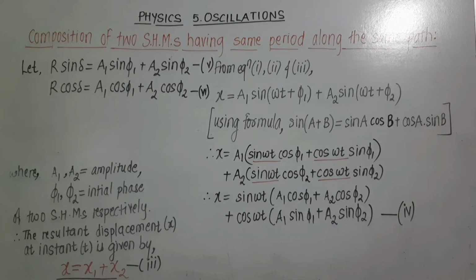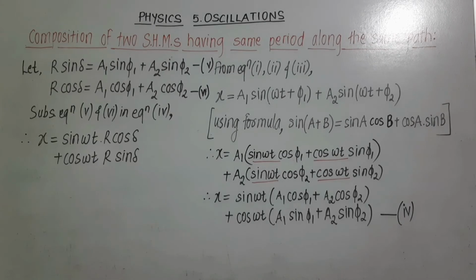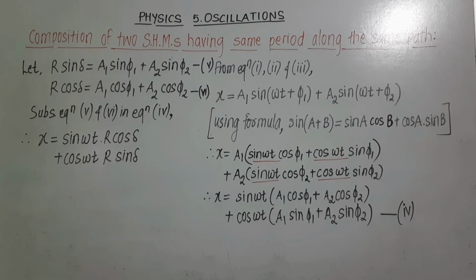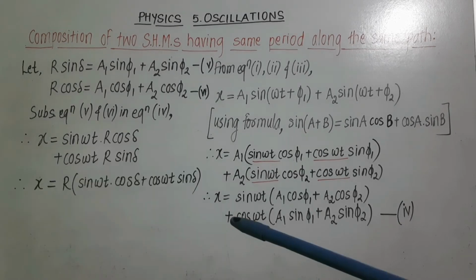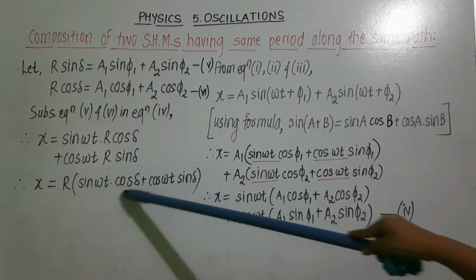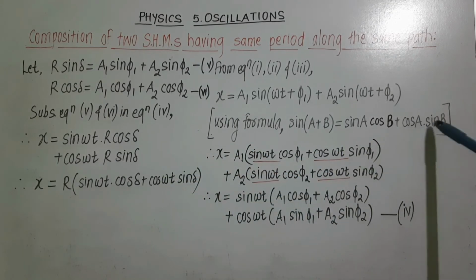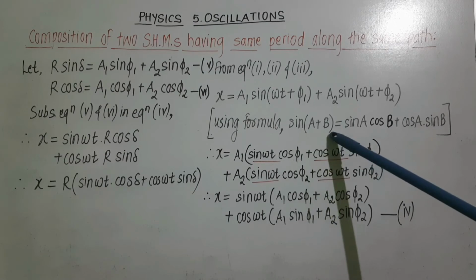Substitute equations 5 and 6 in equation 4. So we get displacement x = sin ωt R cos δ + cos ωt R sin δ. Take R common. To simplify this, use the formula sin A cos B + cos A sin B = sin(A + B).